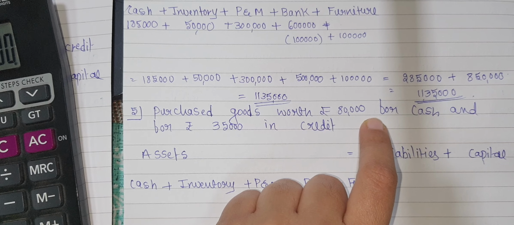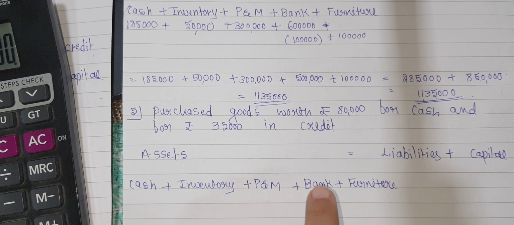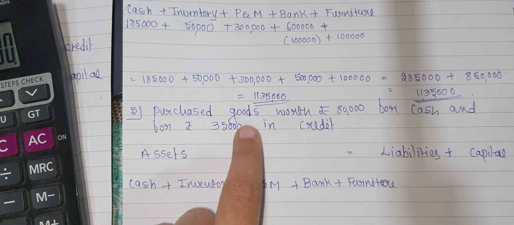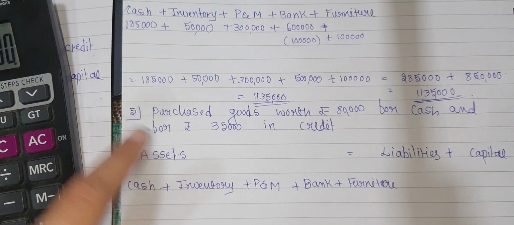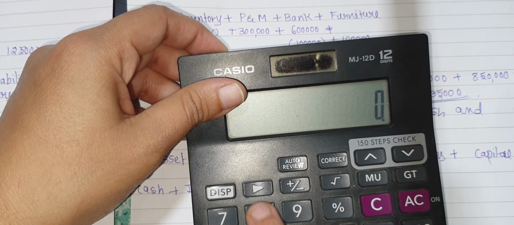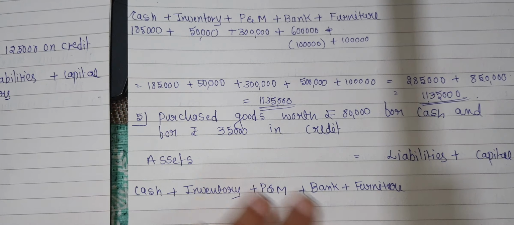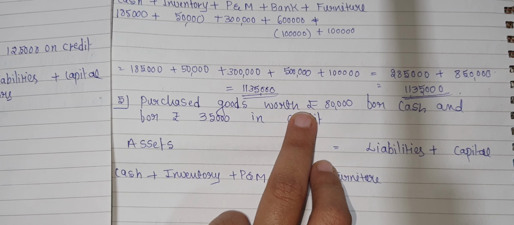Next, an increase in inventory of goods. Our inventory is 50,000 and here additional inventory we have purchased, that is rupees 80,000 plus 35,000, means 1,15,000 additional inventory in the fifth transaction.